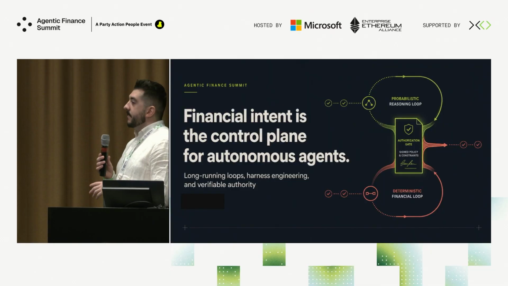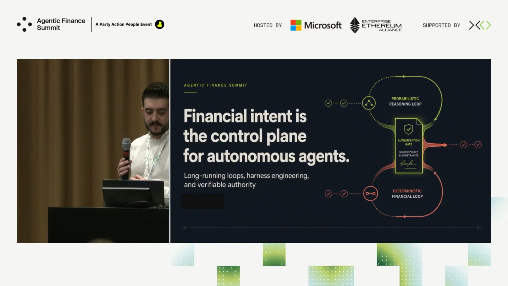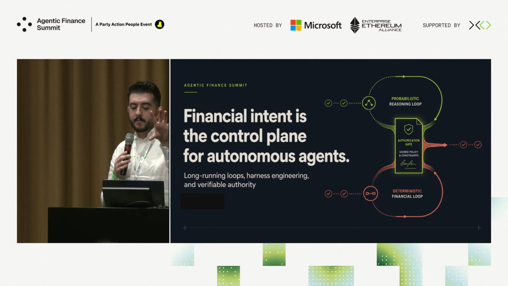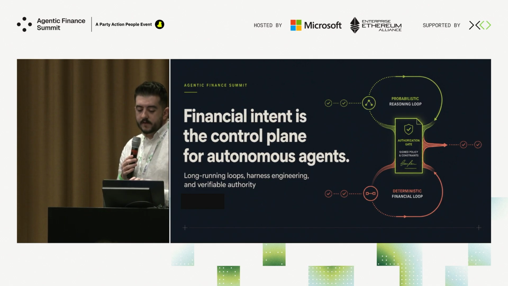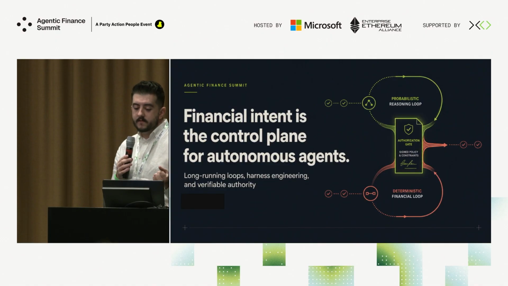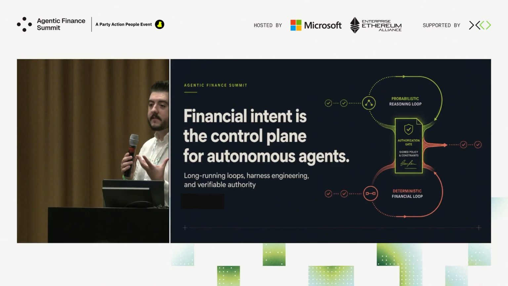And then if we tie everything together in a specific finance agent, the control plane for autonomous agents is basically the financial intent. So here you see 2 different loops. One of them is a probabilistic reasoning loop. The other one is a deterministic financial loop. And what connects these 2 loops together is the authorization gate and some policies.